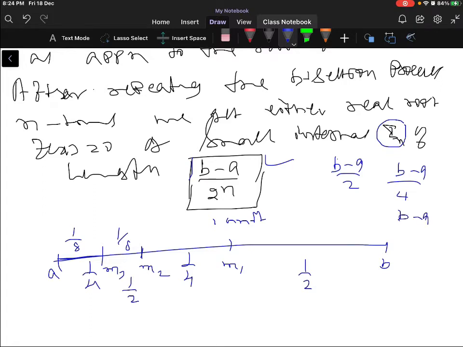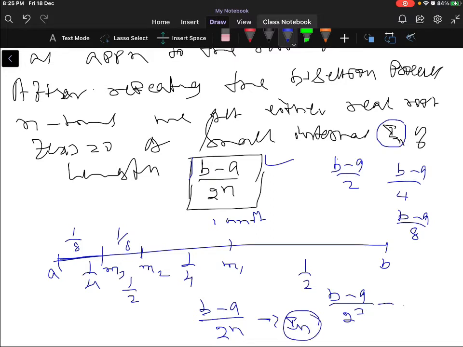When you divide the interval once again, it becomes b minus a by 8, that is b minus a by 2 cube. So similarly, we can write b minus a by 2 power n as the length of I n.